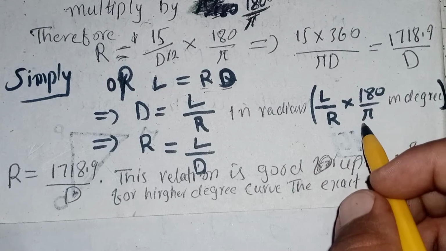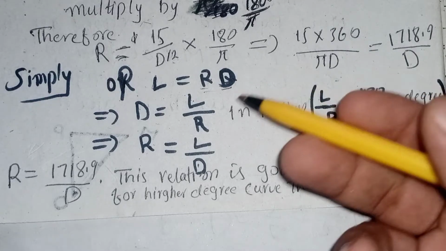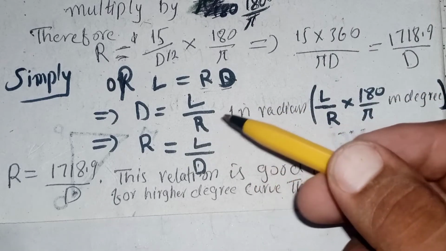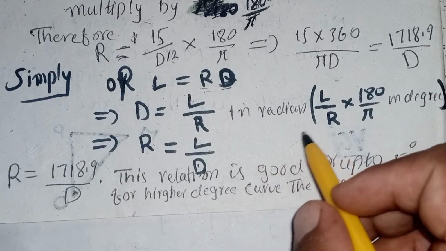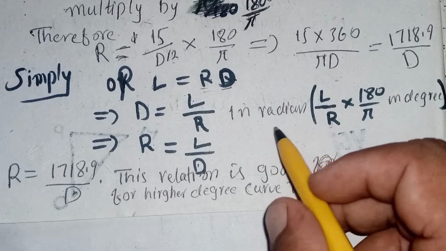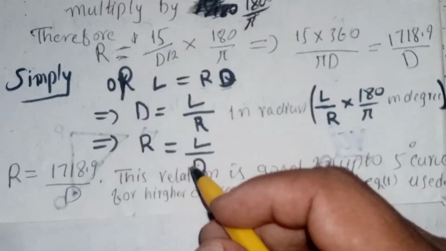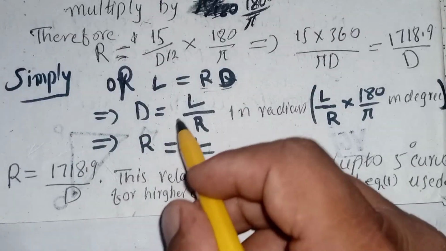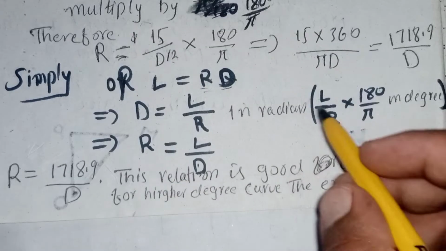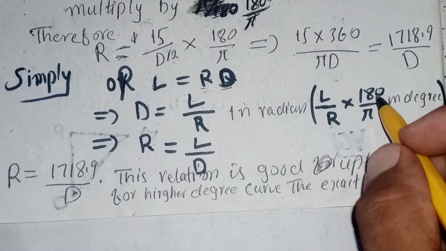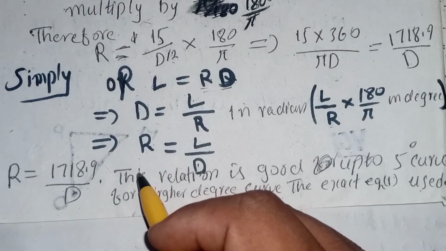Then L by R multiplied by 180 divided by pi, as we have written in previous steps, gives the degree form, because this is in radian and we require it in degree. Therefore we multiply it by 180 divided by pi.